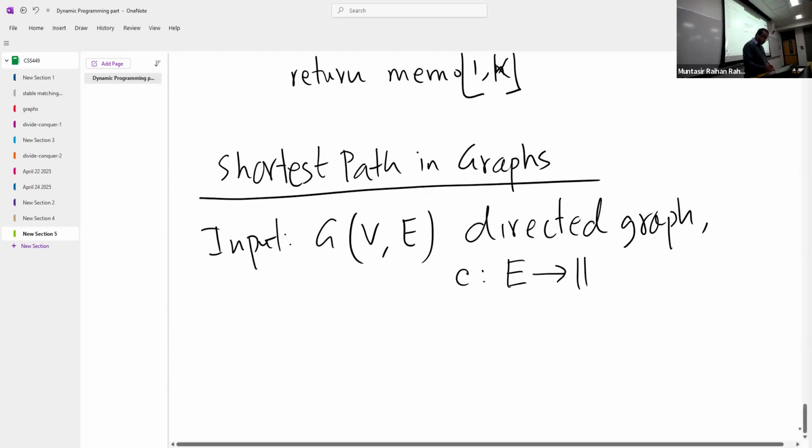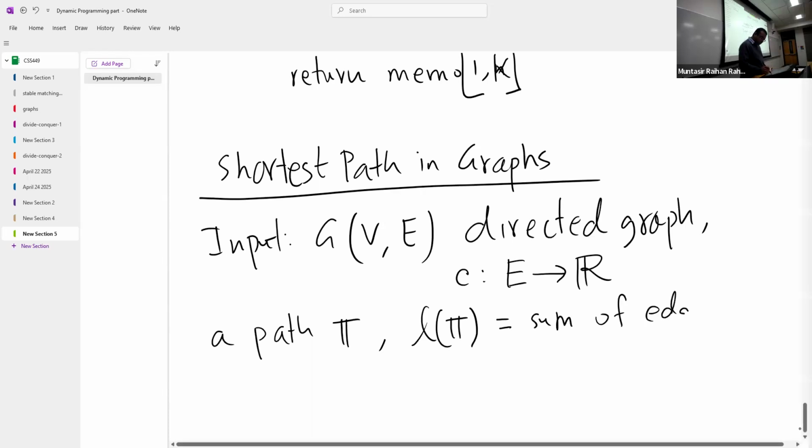Every edge has a cost. And then we have a definition: let's say I have a path, let's call it pi. Then the length of pi is the sum of edge costs on the path.